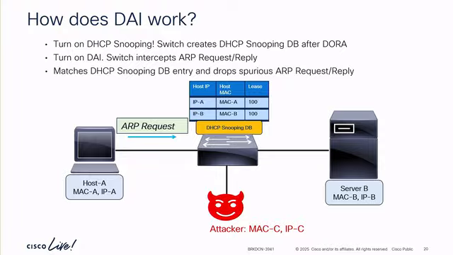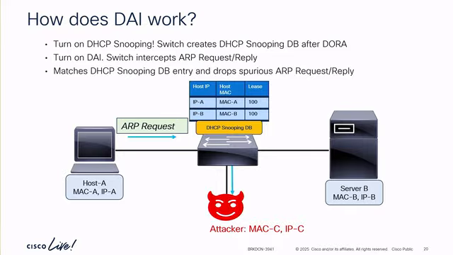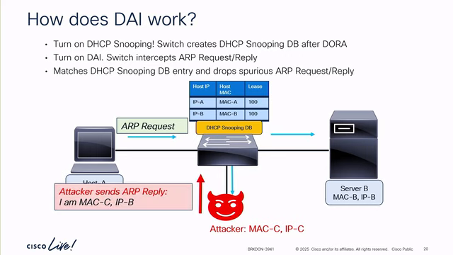And only if it matches, I'm going to forward that beyond this point, right? So it says good to go, and because it's matching with the snooping DB, he forwards the ARP. And it does go to the attacker as well, but that's not a problem per se. And now, like the last time, the attacker wakes up and says, I'm going to spoof a reply. And he does the same thing as what he did earlier.